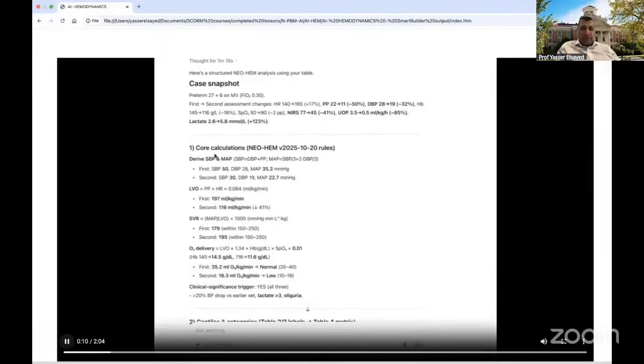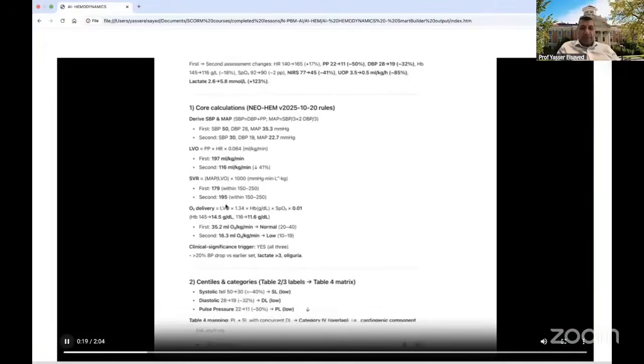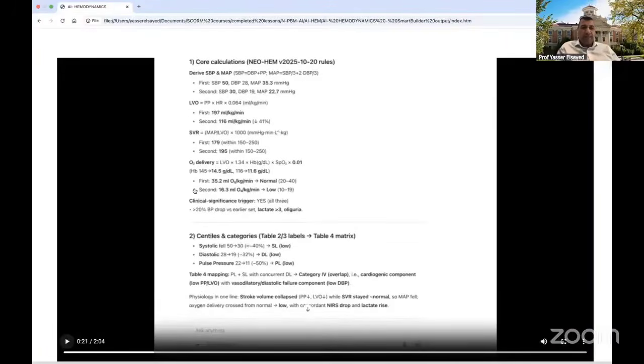So I'll give you just the raw data first, to review that with you. And then I will give you the systemic vascular resistance for the first assessment when the infant was stable, and the second assessment when the infant deteriorated. So there is an increase in the trend of the systemic vascular resistance, and the oxygen delivery significantly decreased.